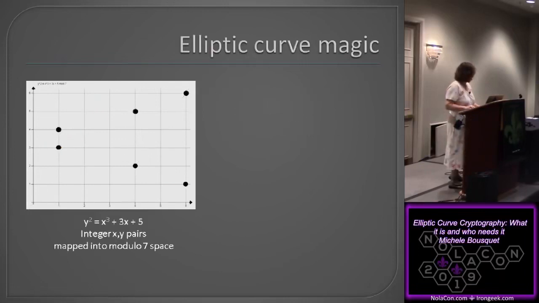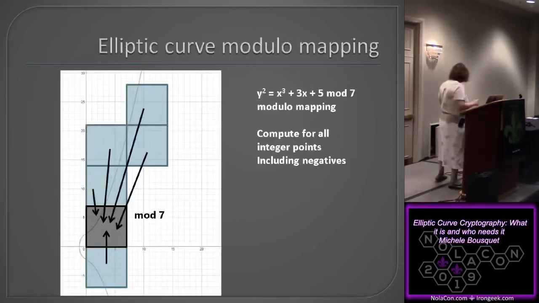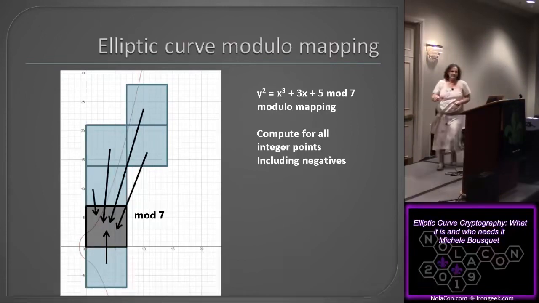We're taking all of these points and mapping them into our 6 by 6, mod 7 space. So every point, every line, everything that happens, we're just going to keep doing mod 7 on every point we get to shove it back in there. Okay. That makes sense?